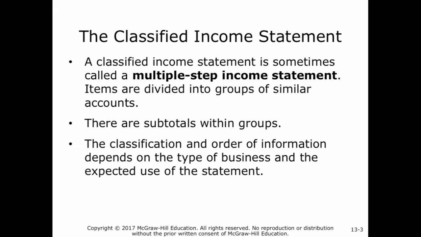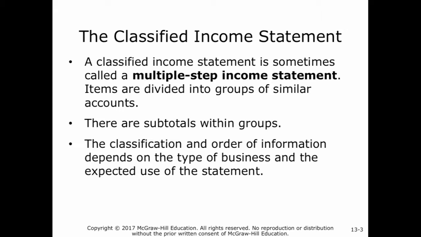What we're going to learn today is about the classified income statement, which is sometimes called the multiple step income statement. This type of income statement contains several subtotals, which are computed before the net income is calculated, and it's a little bit longer than the normal income statement that you have learned in the past. The end result is still the same though.